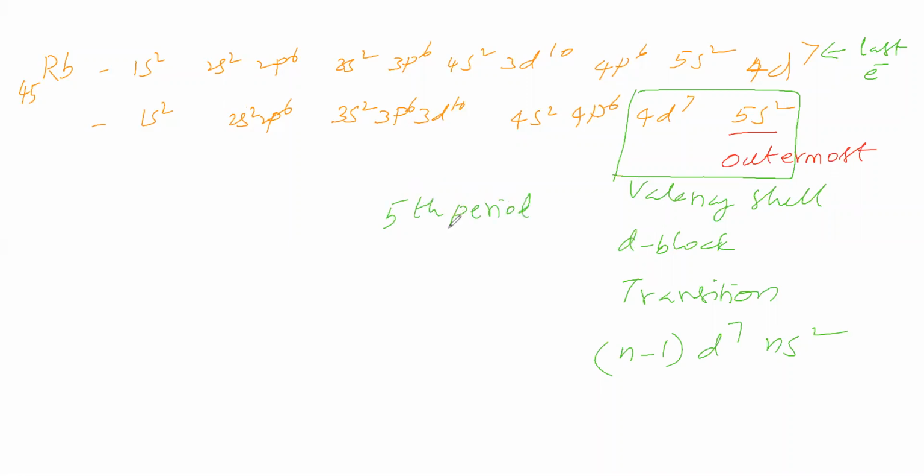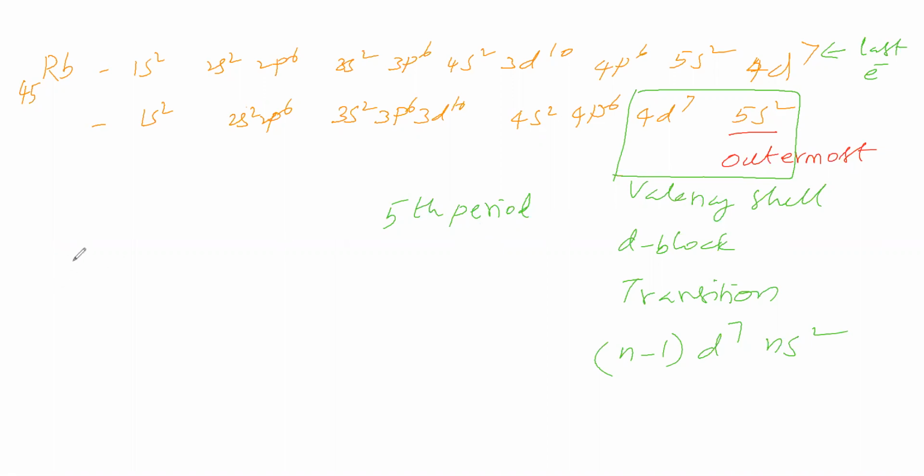Now we will say the group number. We have to say the European group number. The European group number is how much? The valence shell contains how many electrons, you count it.